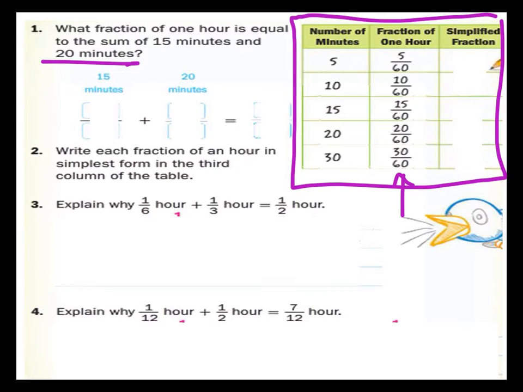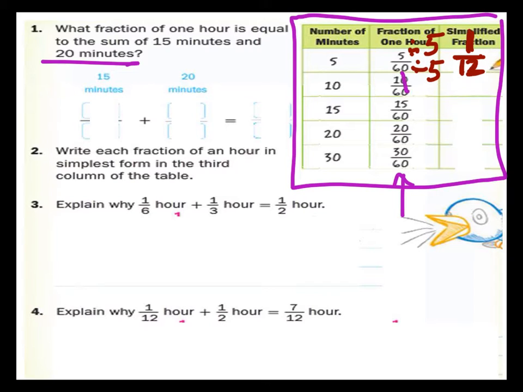Okay, good. Now notice on this top one, we're going to divide both the top and the bottom by what number? 5, right? So 5 divided by 5 is 1. 60 divided by 5 is 12. Okay? Then we go to the next one.